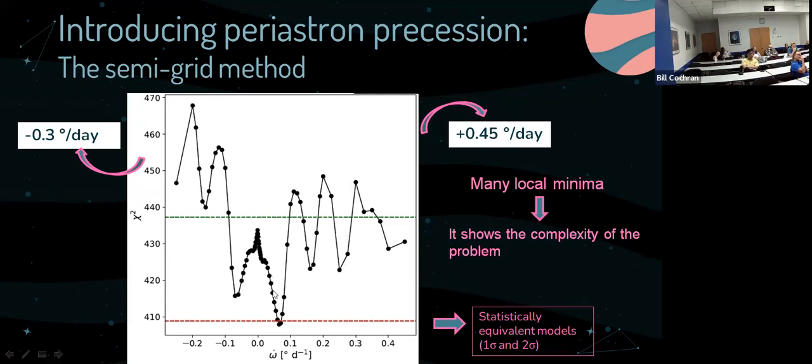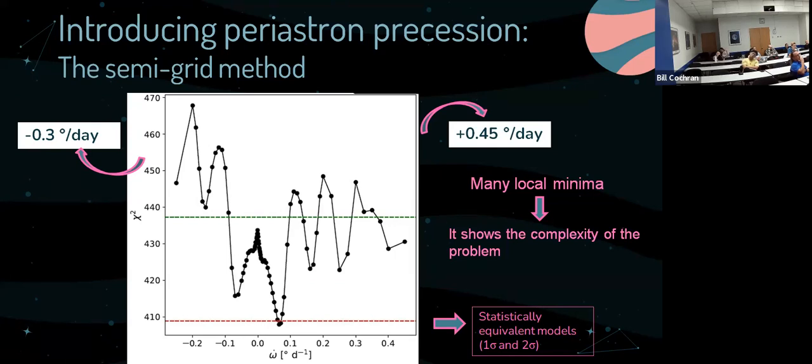And you can see that at 0, so no periastron precession, there is a really high peak. This is telling us you shouldn't model the data with no periastron precession. At least put a -1. It seems to be better, of course a +1, but at least put something.